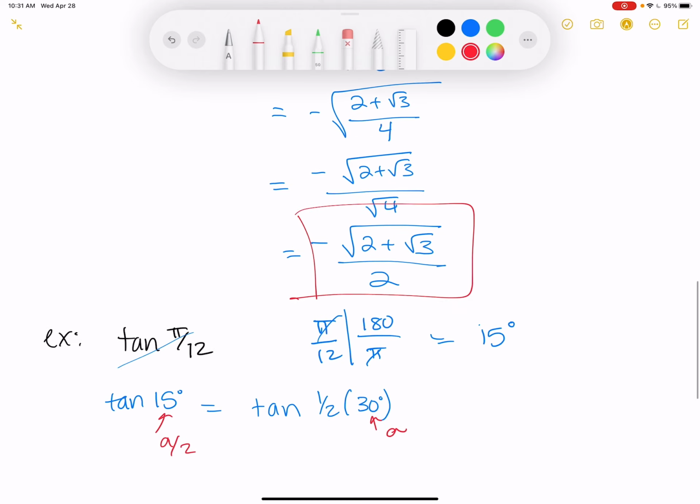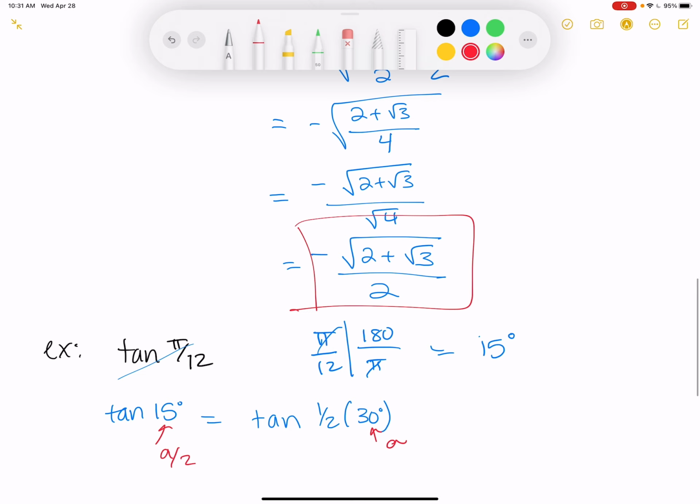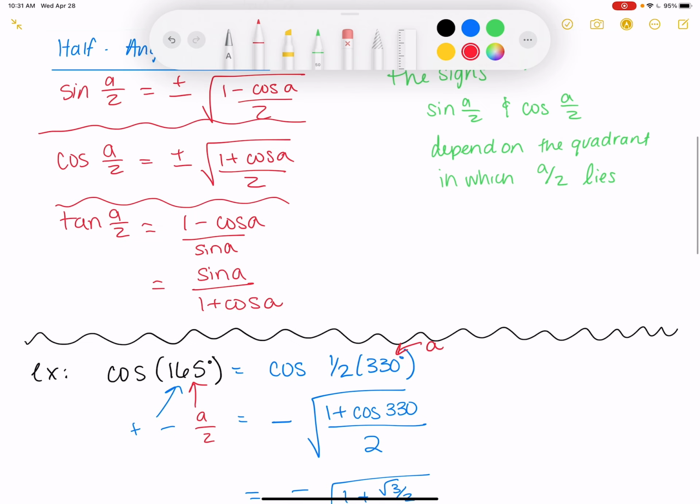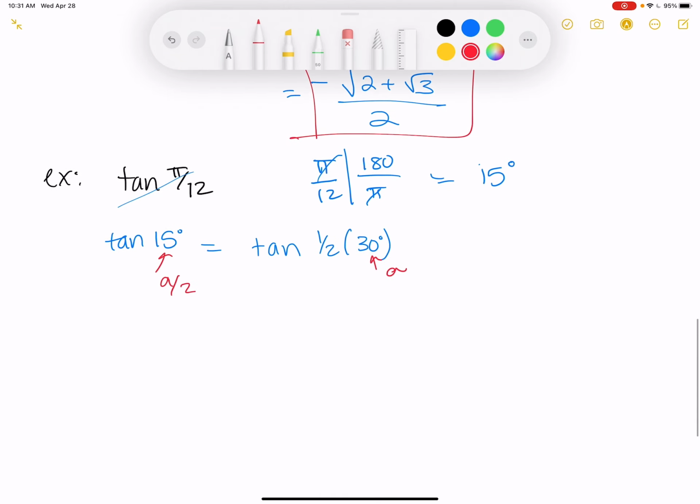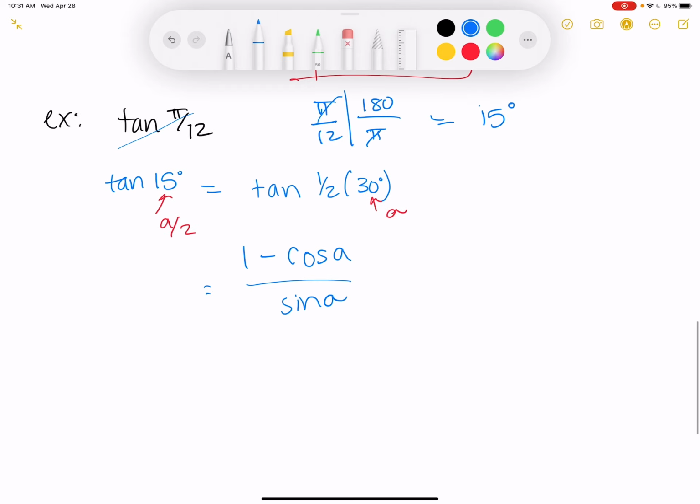So now, as far as with tangent, I can pick really either one. It's not going to matter. I'm going to just pick the top one, so 1 minus cosine of a over sine of a. So 1 minus the cosine of 30 over the sine of 30.